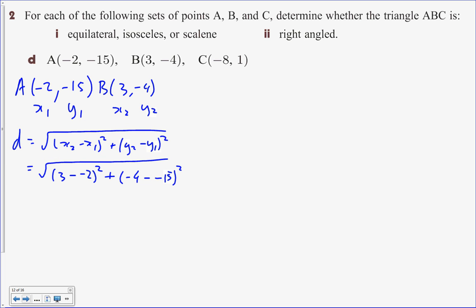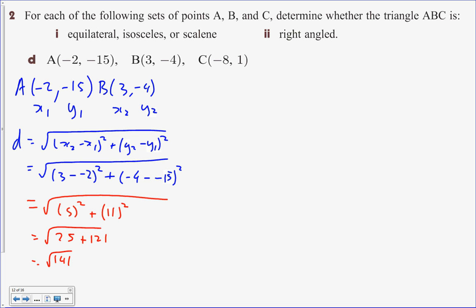It's not going to let me do it. That's okay. I'll do red down here. So now, last bit is square root 3 plus 2 is going to be 5 squared, plus -4 plus 15 is going to give me 11 squared, so equals square root 25 plus 121, so equals square root 146 units.